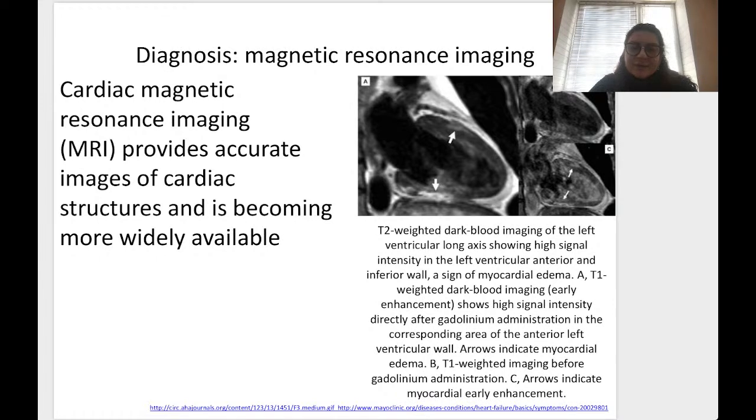On T1 weighted dark blood imaging, early enhancement shows high signal intensity directly after gadolinium administration in the corresponding area of the anterior left ventricle wall. Arrows indicate myocardial edema on this picture. On picture B, on picture C, arrows indicate myocardial early enhancement.